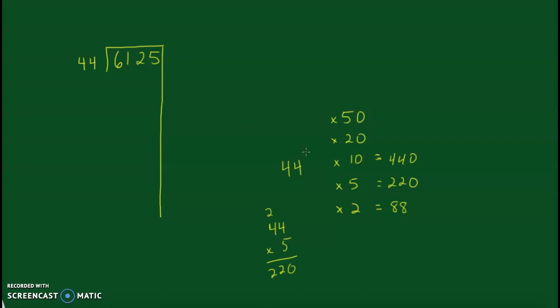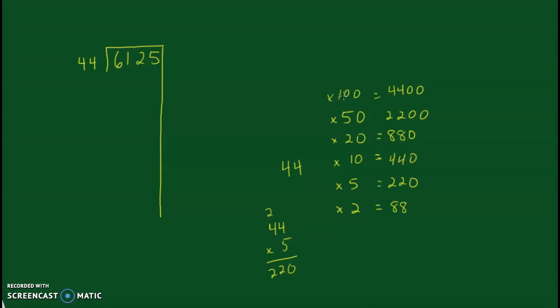And this is 6,000, so we can keep going. Times 20, we're just going to add a 0 at the end of that. So that's 880. Times 50, we're going to add a 0 at the end of this answer. So that's 2,200. And I could keep going. So times 100, that's going to be 4,400 because we just add a 0 at that one.